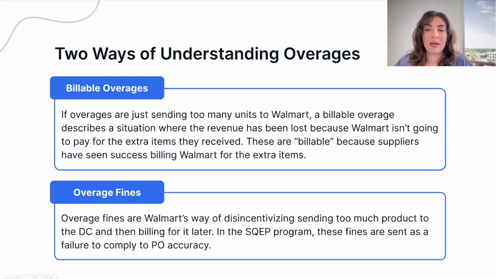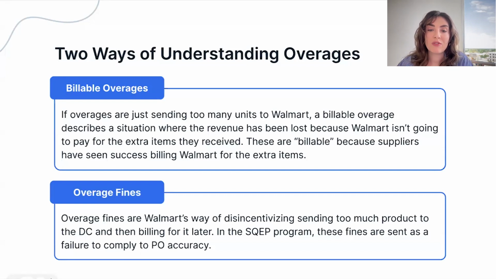Sometimes a PO gets duplicated or there's just another error. Maybe you get a fine for that in a separate area. But essentially, they're saying there's a limit to how much you can bill overages. And we're going to issue a fine because we don't want extra inventory. We'll get into the reasons why Walmart wouldn't want extra inventory, but I'm sure you guys can make those conclusions on your own as well.